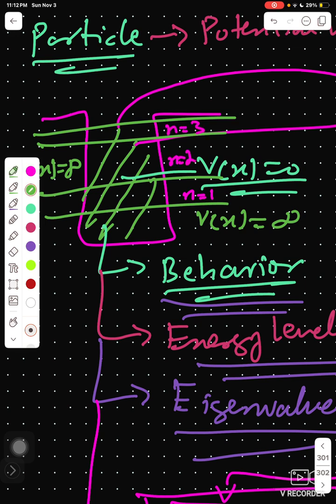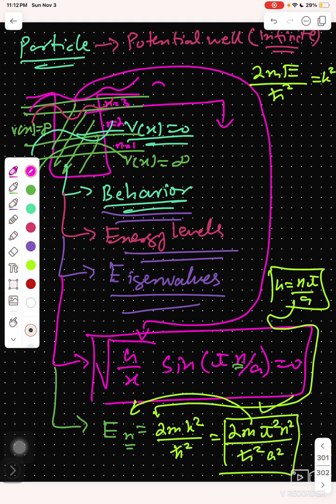At every level you will observe that the number of curves increases every time, and so on. So at every energy level it will behave differently.